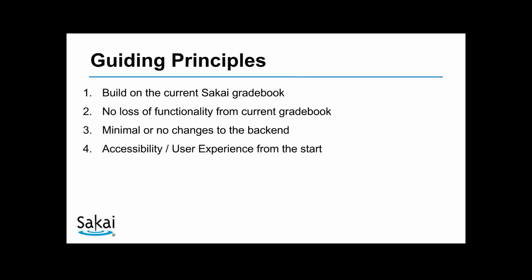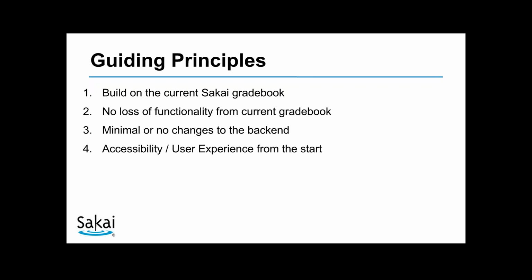Secondly, we wanted to aim for no loss of functionality in the current gradebook. So simply first, do no harm. Next, we wanted to try to have minimal or no changes to the back end. And Steve can talk about that later in the presentation and what the advantage of that is.